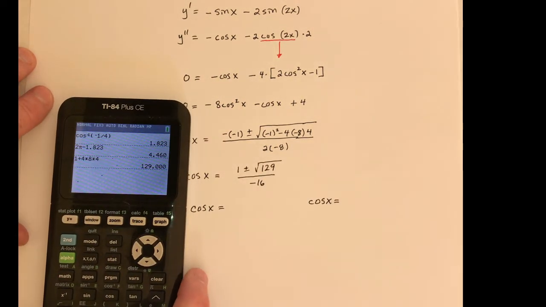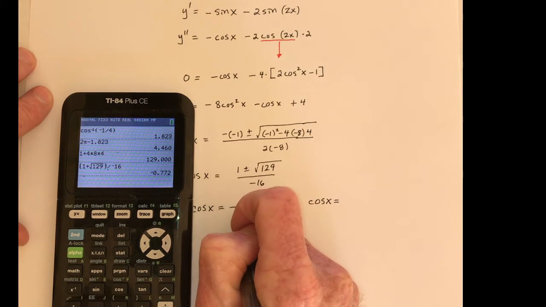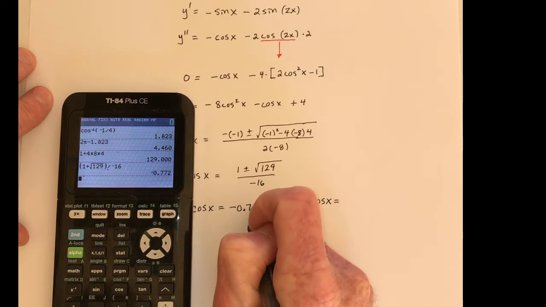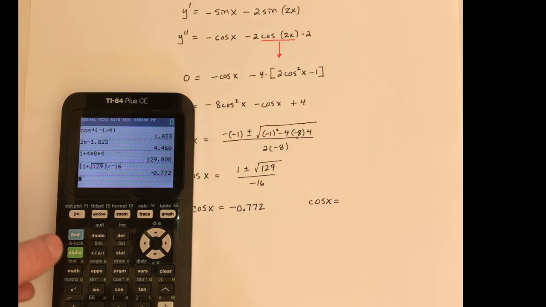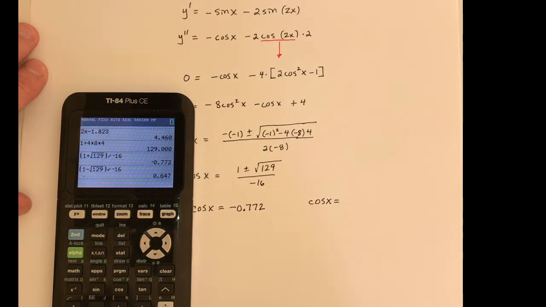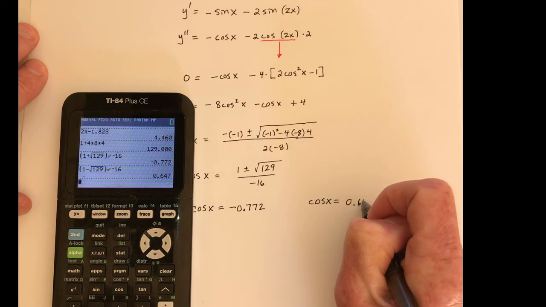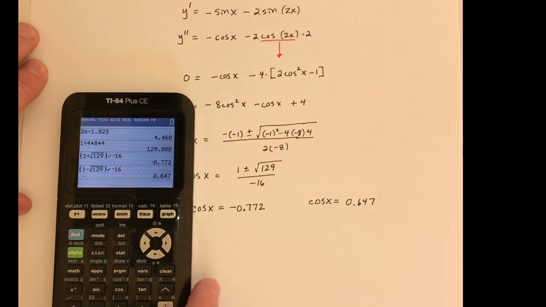And what are those numbers? So there's 1 plus the square root of 129, and that gets divided by negative 16. So that's a negative 0.772. And then do the same thing when this is subtract the square root of 129, and that is 0.647.